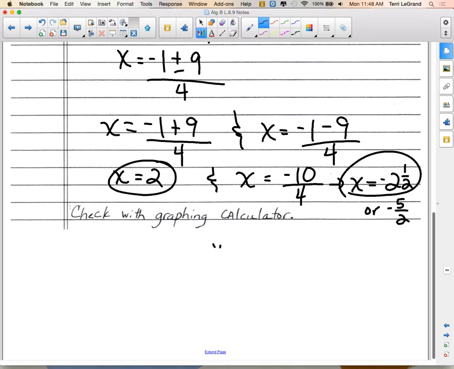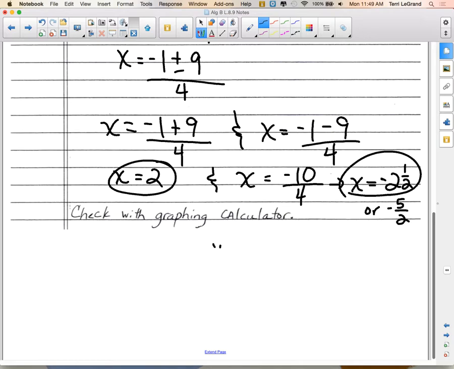Okay, now let's go on our calculator and check ourselves on this one. Your y sub 1, clear out the one that was in there, type in your new quadratic function. You should be able to just press graph this time.